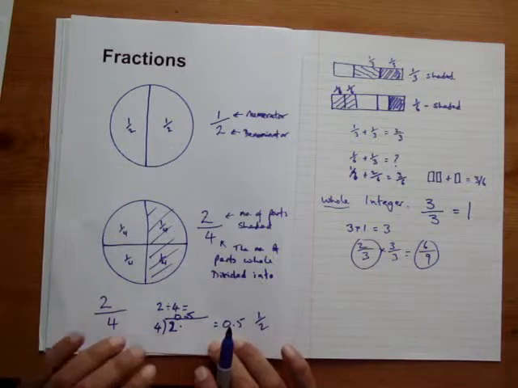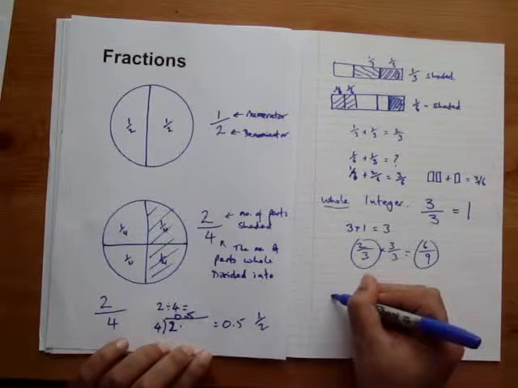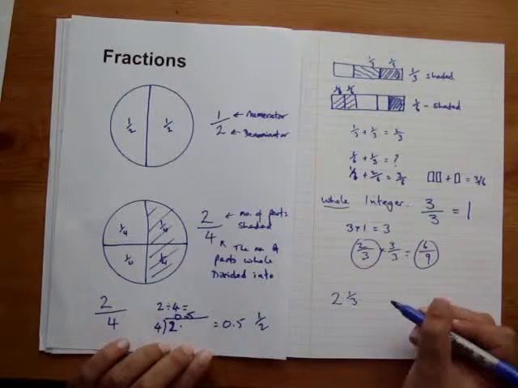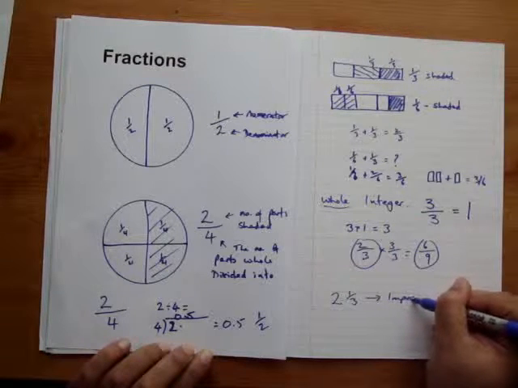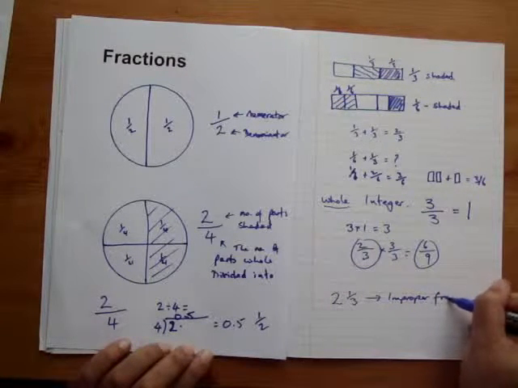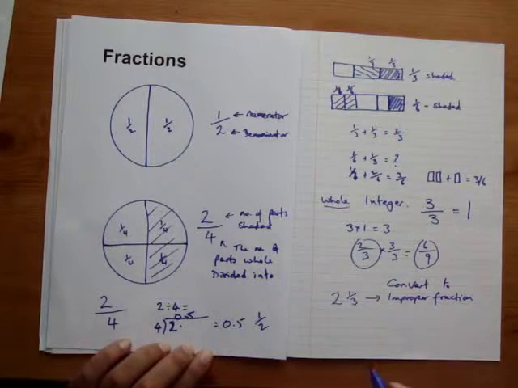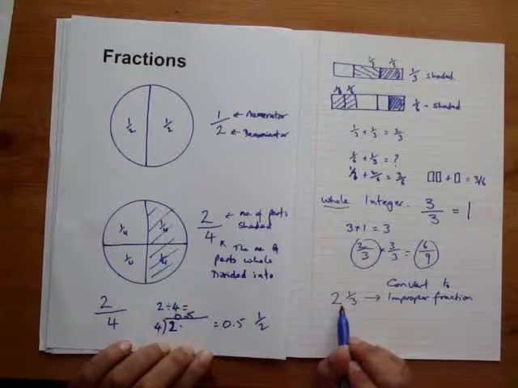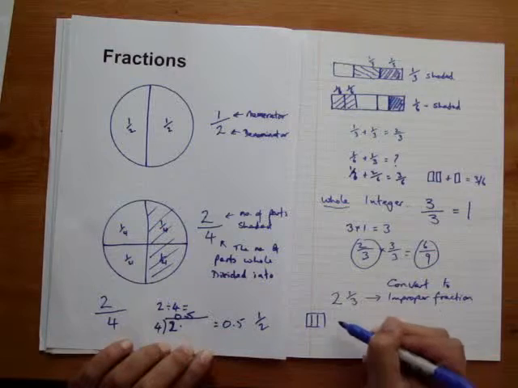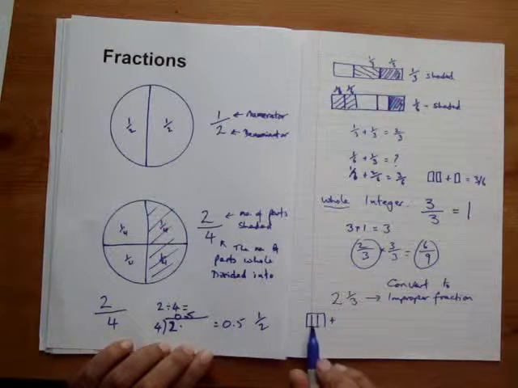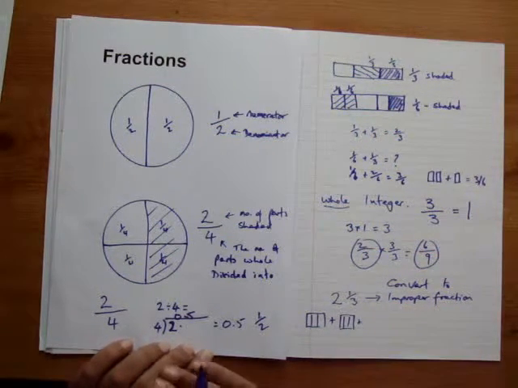Another important concept when considering mixed numbers, say two whole ones and a third, and we want to convert that into an improper fraction, how we do that is we consider the 2 as being, say, 3 lots of 1/3, and that 3 lots of 1/3.